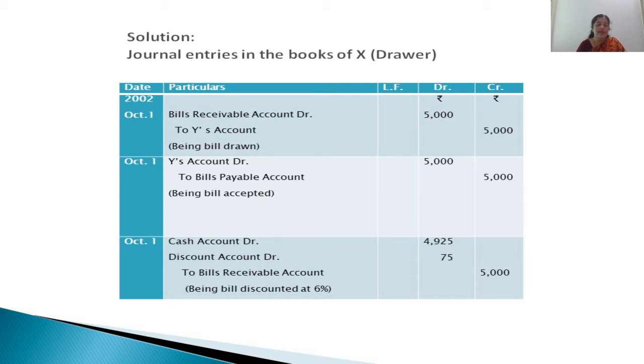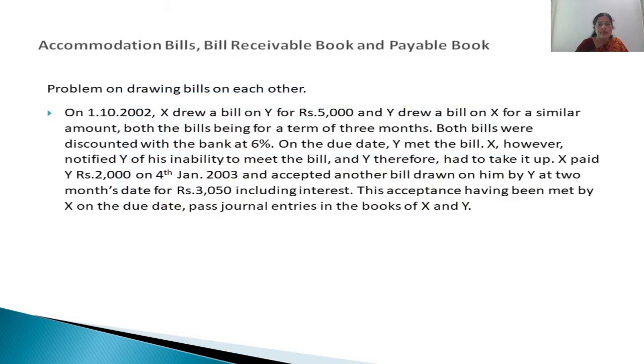And how we calculated this 75 rupees? See, in the problem it is told discounting with the bank at 6%, right? So PRT by 100. What is the value of principal? Value of the bill 5,000 into R is a rate of interest, 6 by 100. T is time. What is the term of the bill? 3 months.